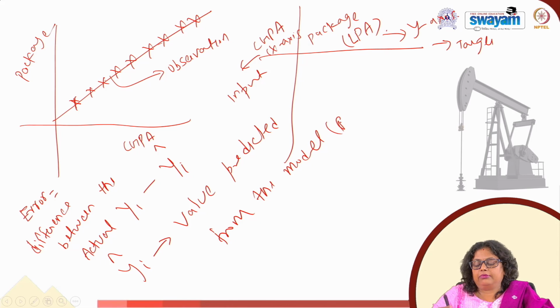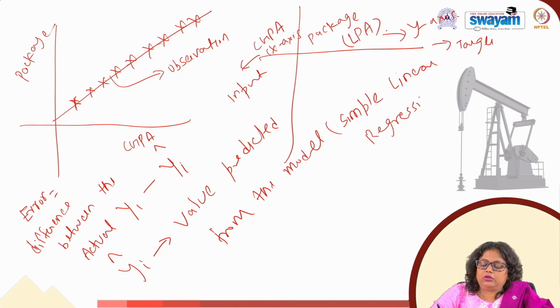What is the model I am talking about here? The linear regression model, which we can call simple linear regression. So this is the model we are taking. The error is nothing but yi minus yi hat.